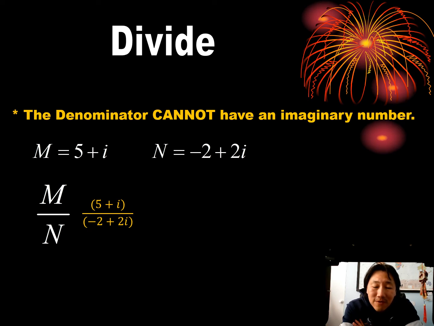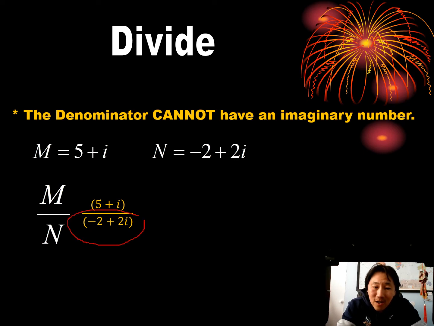So if the denominator has an i in it, then you have to do what's called rationalizing it. So you have to somehow make it so that this i goes away. And the way we do that is we multiply the top and the bottom by the conjugate of the bottom.